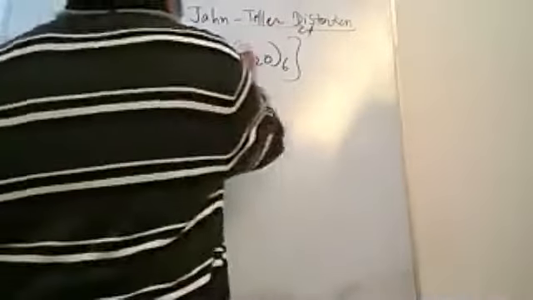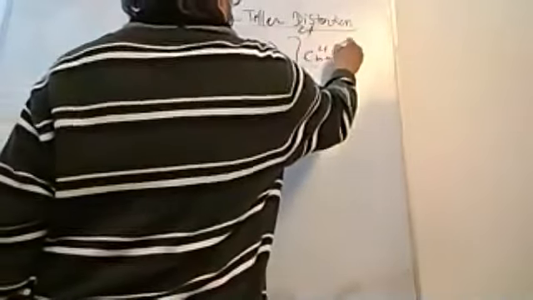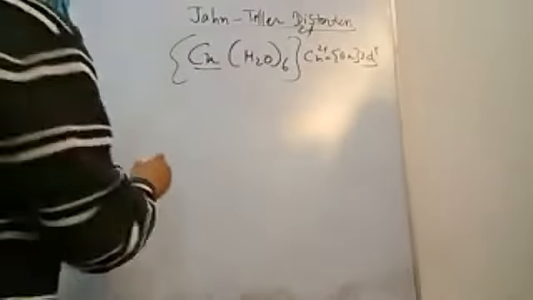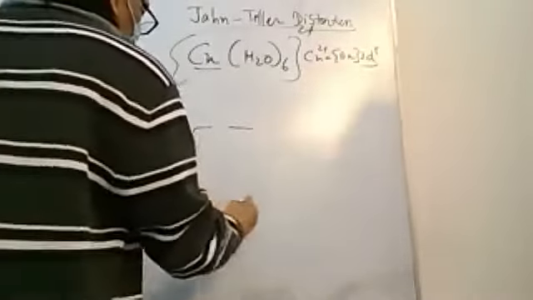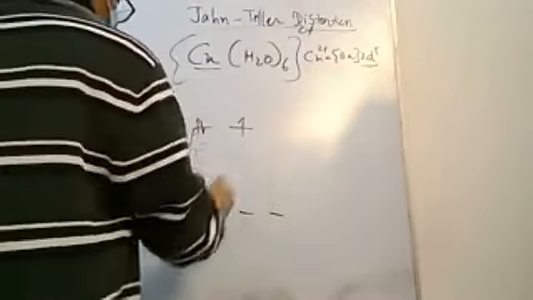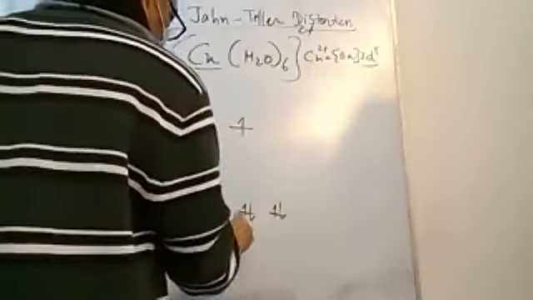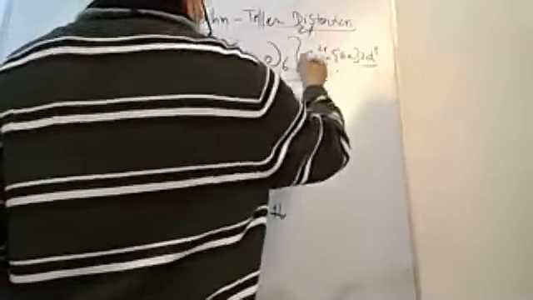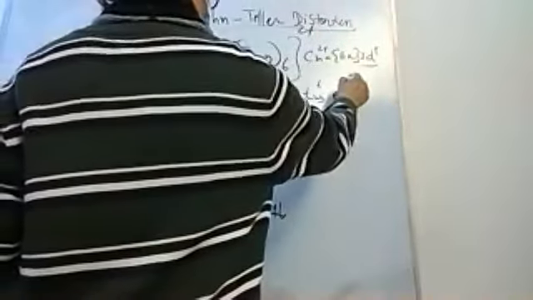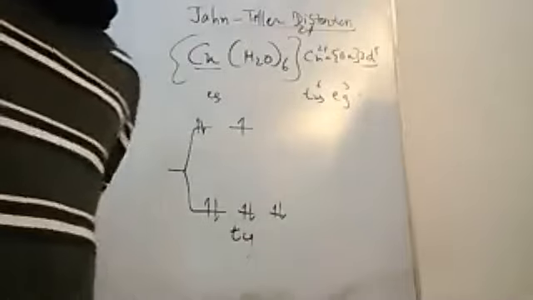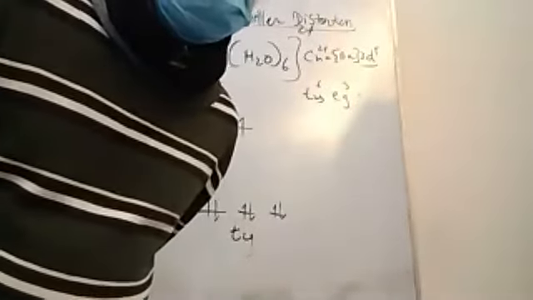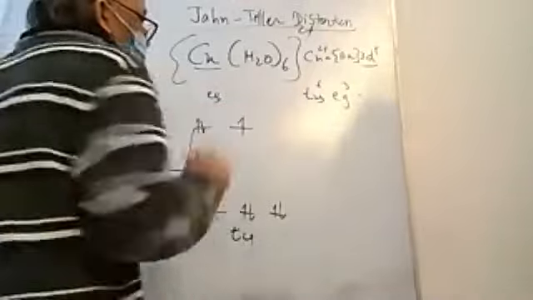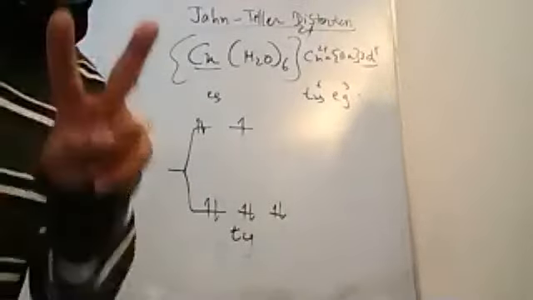Copper is in the 2+ state, which is argon 3d9. We already talked about this before. And then when you look at the splitting of the orbitals, you have t2g and eg, with t2g holding 6 electrons and eg holding 3. Now, you have two choices here.